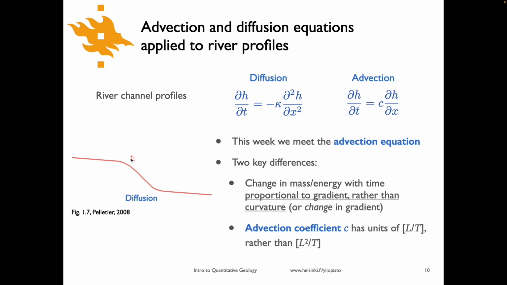So for alluvial channels where there's a bunch of sediment along the base of the river, if the channel profile starts out like this with a relatively gentle upper part followed by a steeper part of the river's channel, and then it gets more gentle again, the tendency with time is to behave like a diffusion process. And so over time what you see is that the steep section starts to get more and more gradual, and the river tends toward trying to basically eliminate this change in the slope along its length.